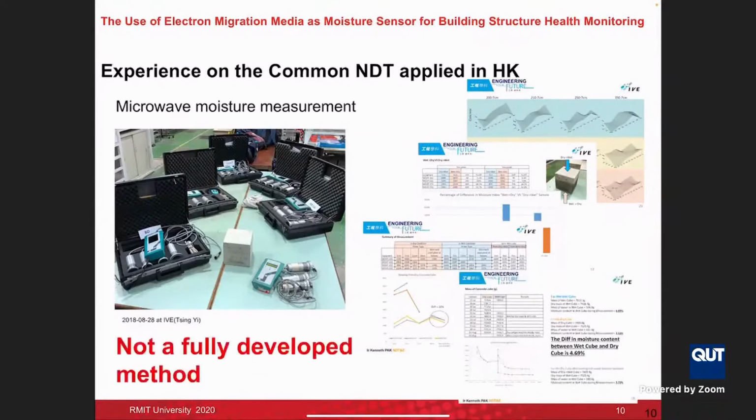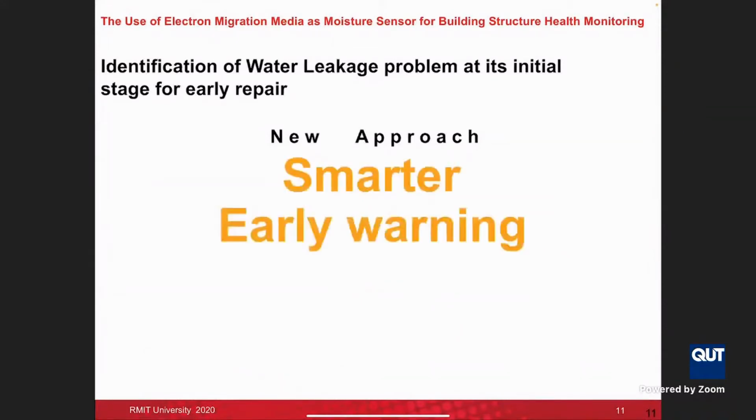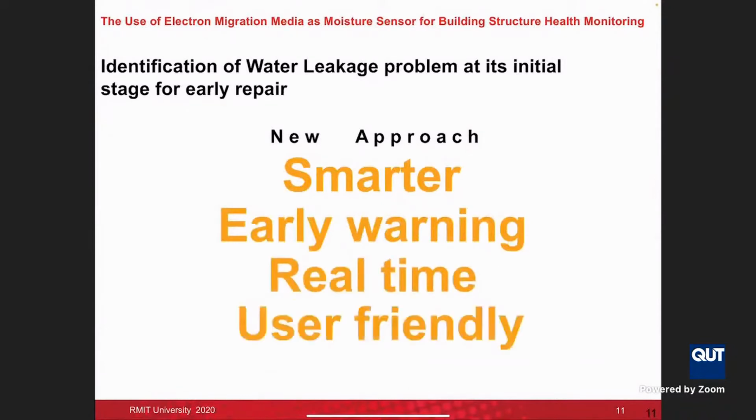It's not a fully developed method. I think it is a good indication, but it still cannot tell us where the source of water is. So we need a new approach to identify the source, one that is smarter, gives early warning, works in real time, and, most importantly, is user-friendly.